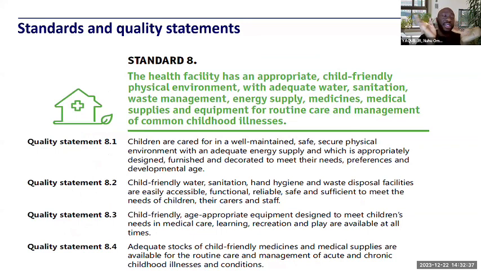So children are just seen in the same wards as adults. And often what that means is that when there's an emergency, it's unclear where the child-appropriate devices or tools are. Things like appropriate size cannulas or masks are often not found because there is no dedicated space. It's not organized to provide services to children.